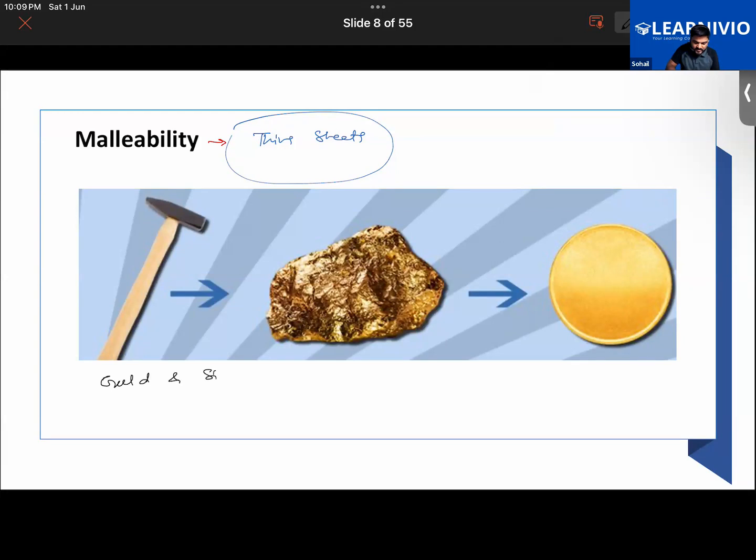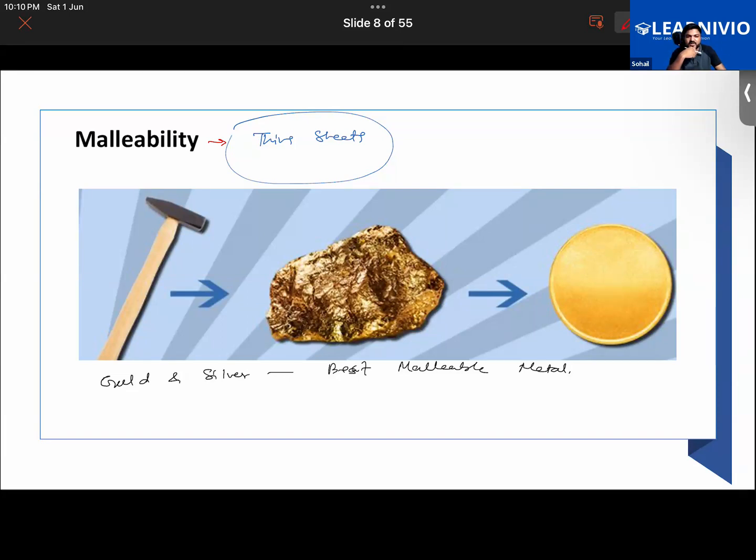Gold and silver are the most malleable metals. Hope you are getting it. Copper can also be hammered to form copper sheets. And iron is also a quite malleable metal, which can be hammered to form iron sheets.